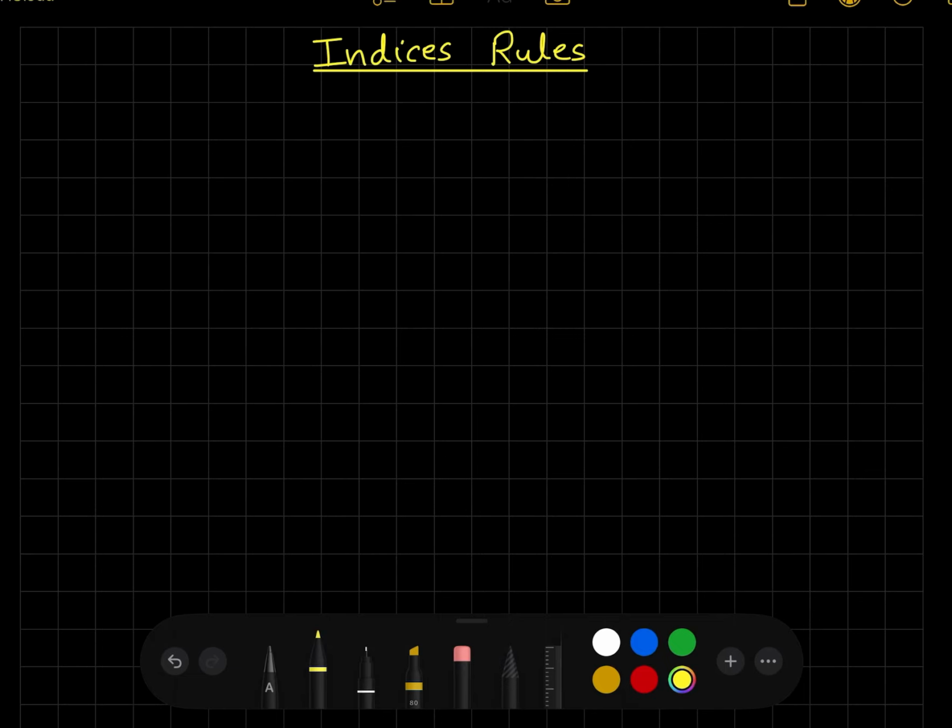Indices rules. In this video we are going to learn about indices and the rules we follow to solve them. Indices are the numbers we come across, say 2 raised to 3, or 5 raised to 4, negative 5 raised to 4, and so on, or in fraction also, say 1 by 3 raised to 3.